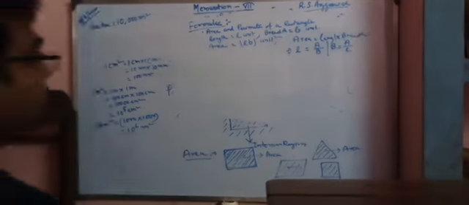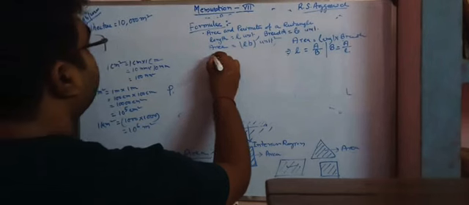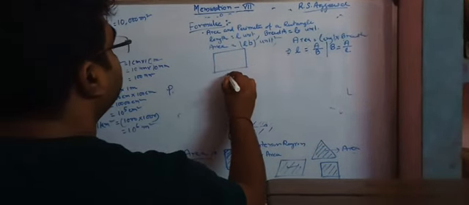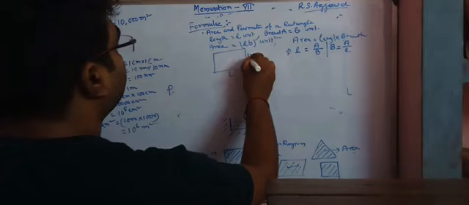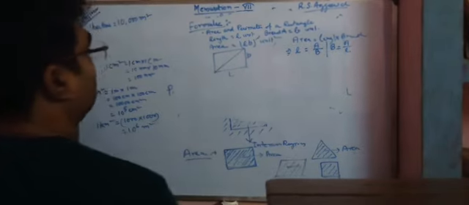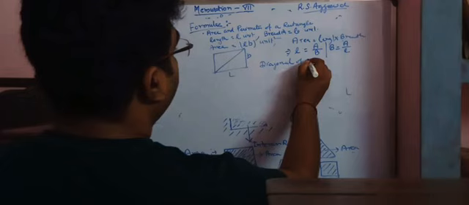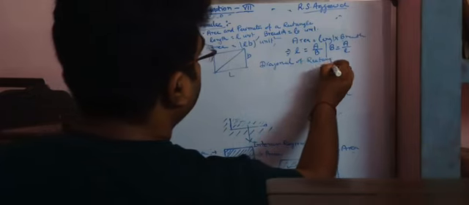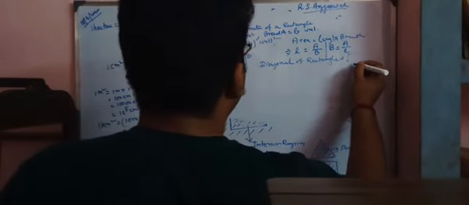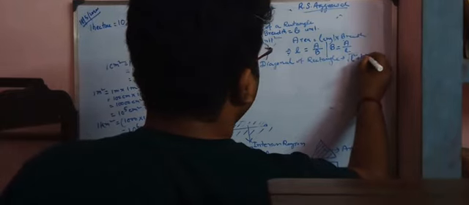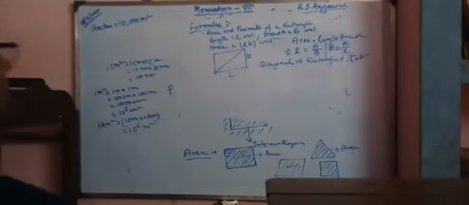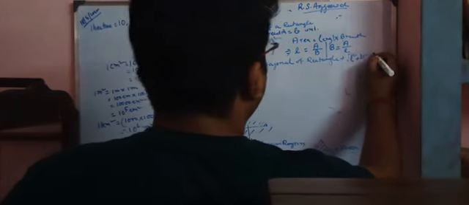Now if we take a rectangular figure, suppose like that, so this is my L and this is B. If we have to find the diagonal of a rectangle, what should be my answer? My answer should be root over of L square plus B square. So that is my diagonal.